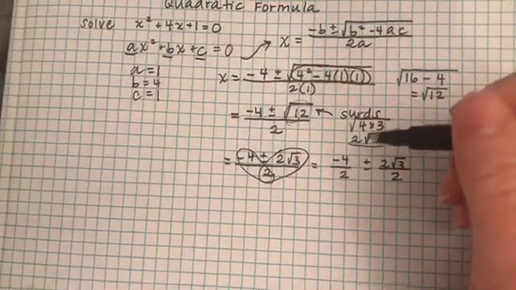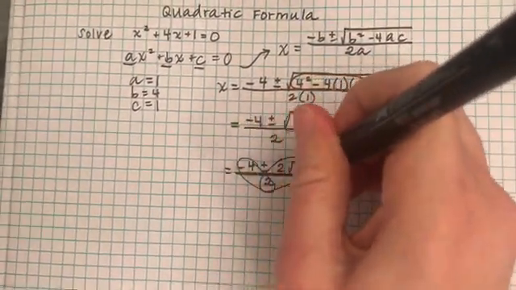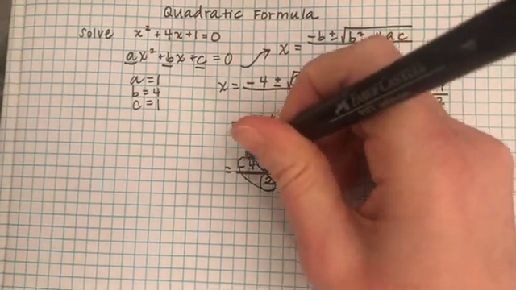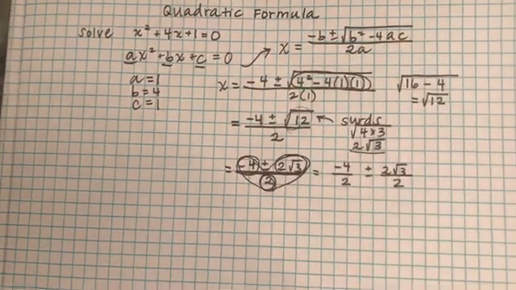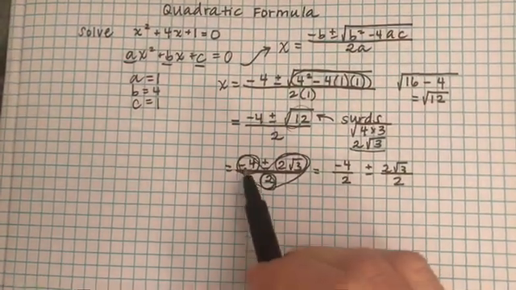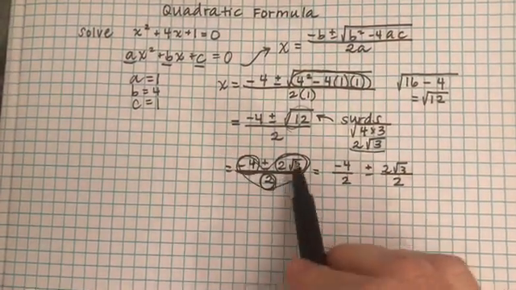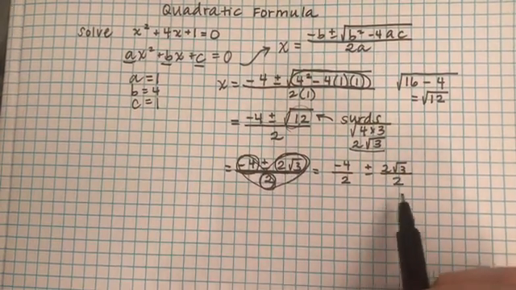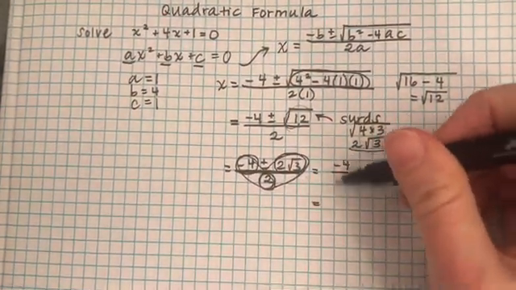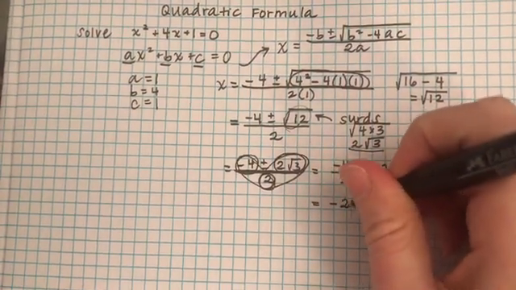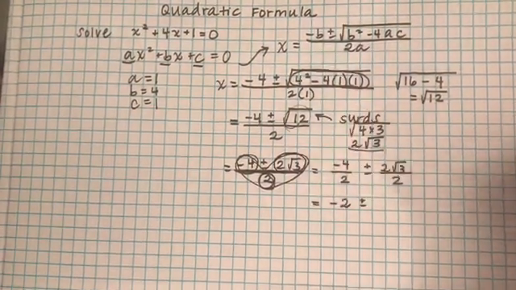That division line means that every piece on the top is divided by 2. So minus 4 is divided by 2, and 2 root 3 is divided by 2. And then from there, you can simplify this. Minus 4 divided by 2 is negative 2, and then bring down that plus or minus.